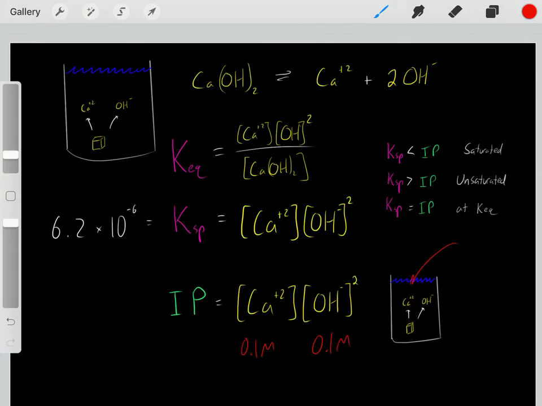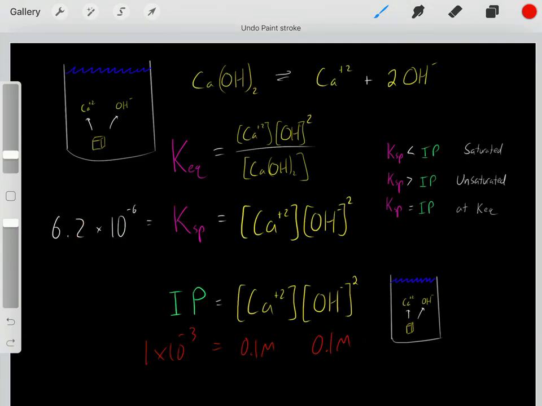If we plug in these current concentrations to the ion product equation, we would get an ion product of roughly 1 times 10 to the negative 3. But we see this ion product is greater than the Ksp.